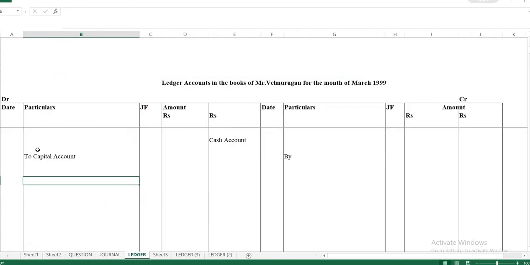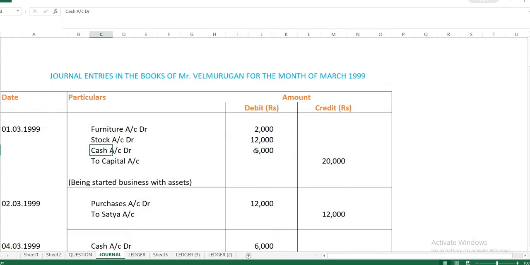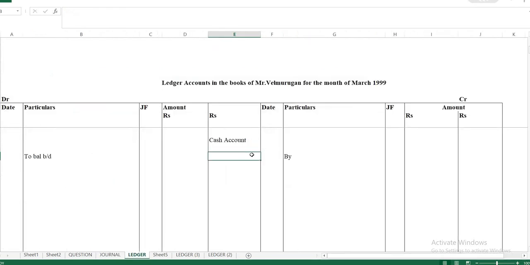So you have to mention 'to balance brought down'. Like this, you will be writing 'to balance brought down'. The amount will be filled up over here. With what amount has cash been brought into the business? 6,000. So you have to mention 6,000 here, in the final amount column.